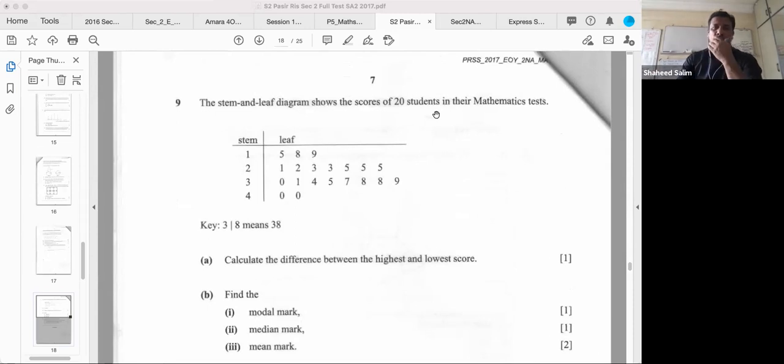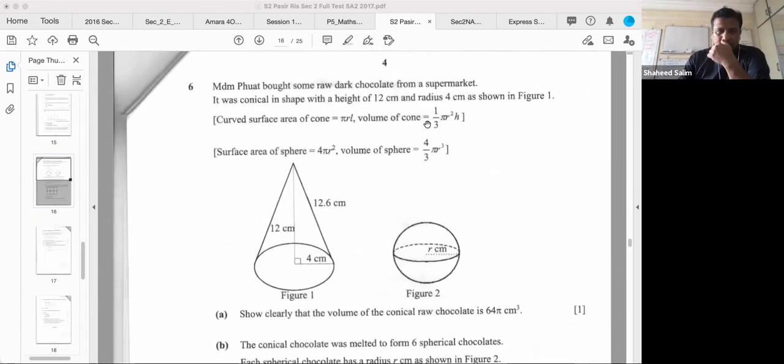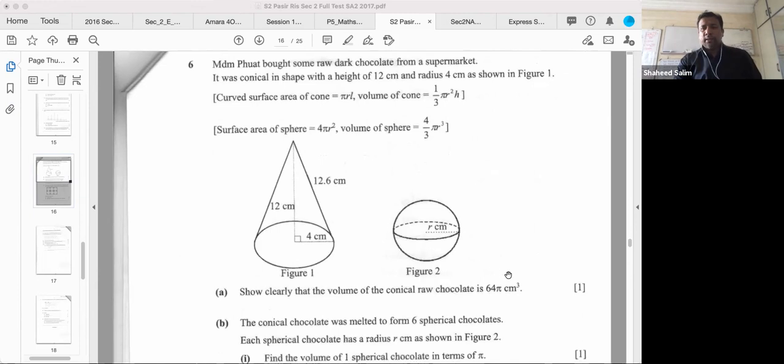All right, so we move back to question number 6. Yesterday, did we do, you know how to do this one? You try to do. 6A. I think we were doing halfway.